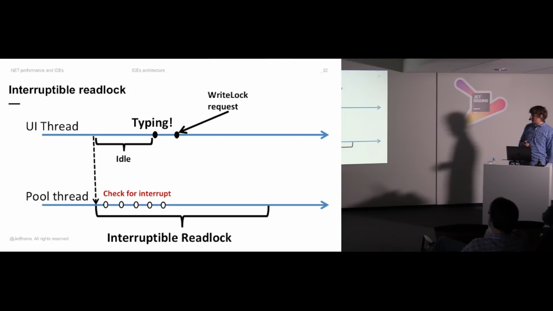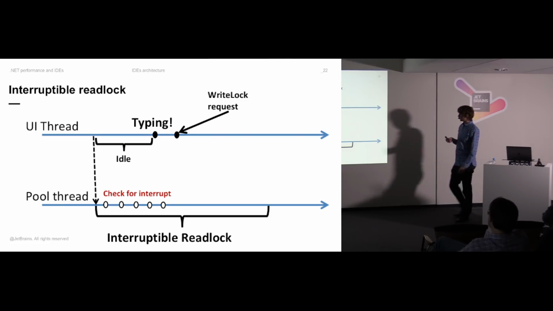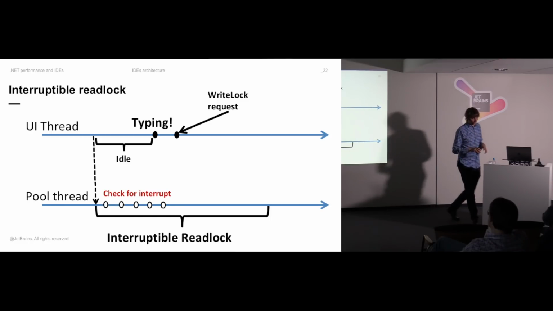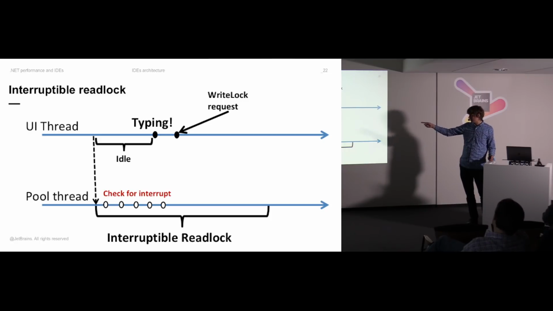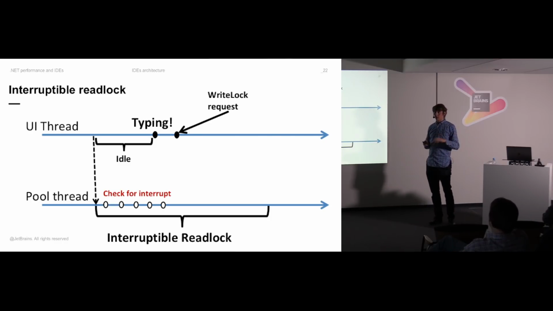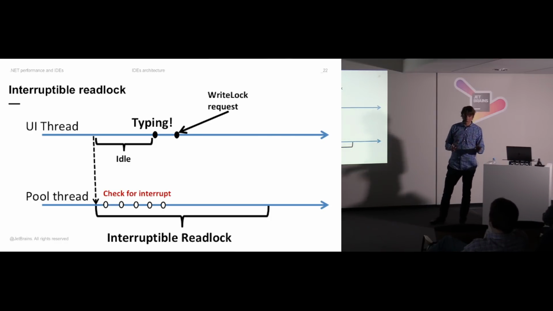So if the background code has all these checks for interrupt, we are fine. In ReSharper, if you launch a background activity, the typing will be smooth because, for example, I press a key, let's say 30 milliseconds pass, another check for interrupt in the background triggers, it allows me to acquire the write lock, and after, let's say, 50 milliseconds, I get the write lock. 50 milliseconds is fast, you will not notice that.